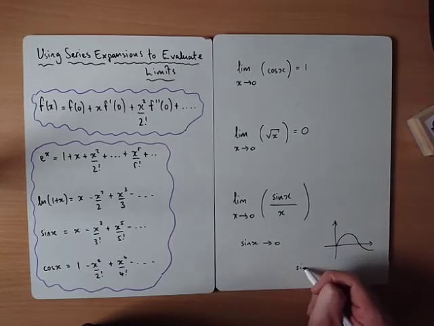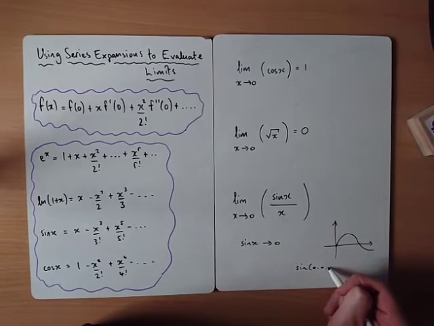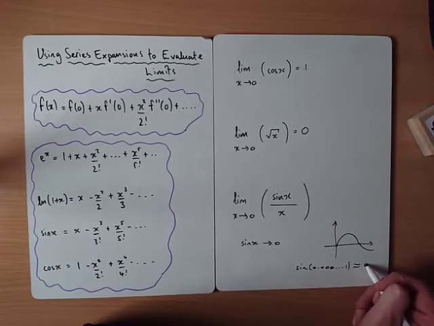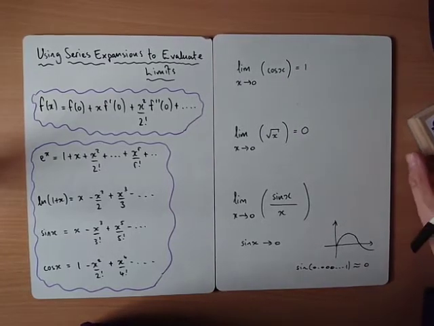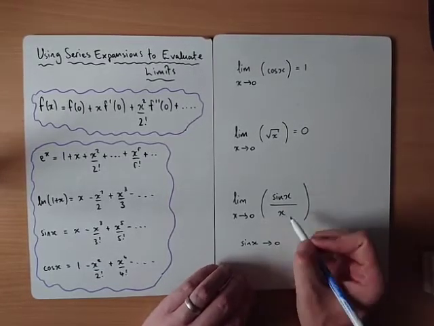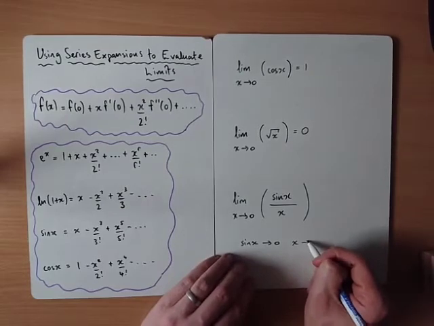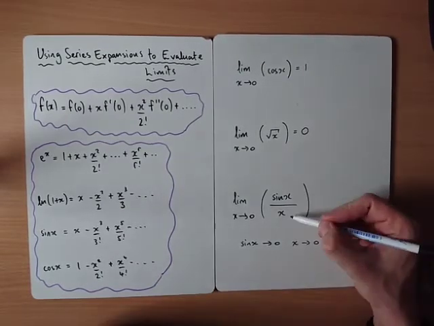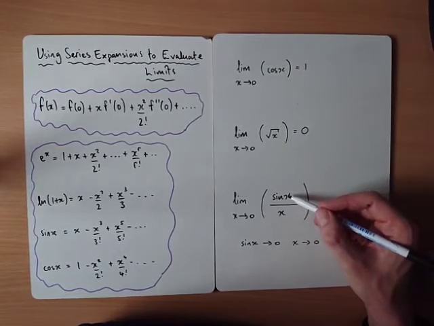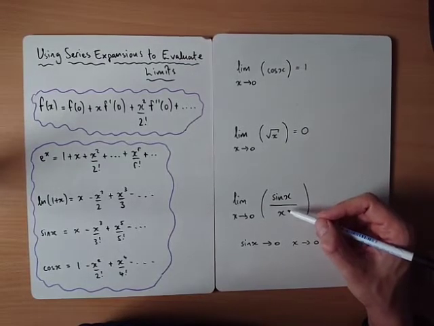Also, if you evaluate sine of a small number, you're going to approximate 0. So what we've got here is two things that are both tending towards 0. Essentially, we can't evaluate this by inspection because we've got something that's tending towards 0 divided by something else that's tending towards 0.